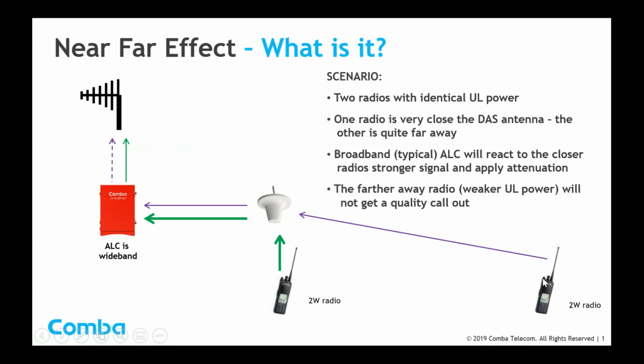But the guy who is far away, by the time his signal gets to the antenna, it's already been greatly reduced. It gets passed to the BDA because the BDA put the ALC control over all the channels. Now this guy's signal is so reduced that he either can't get a call out at all, or the quality is so bad that no one can understand him. Now you have a problem. So that's very simply described, but that's what the near far problem is.